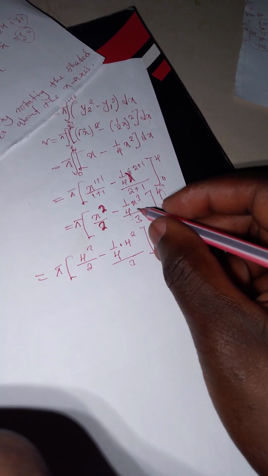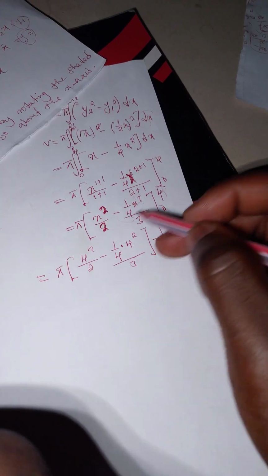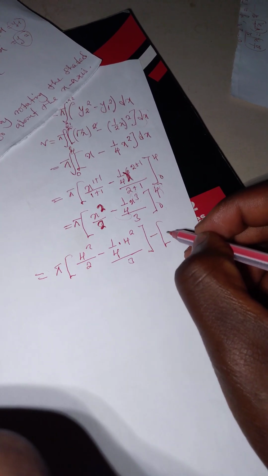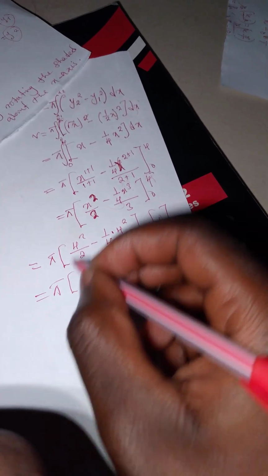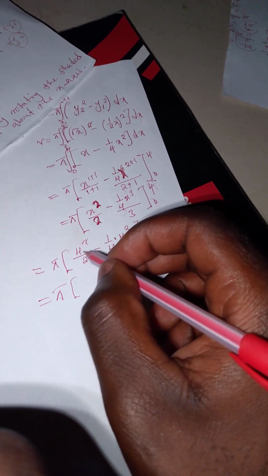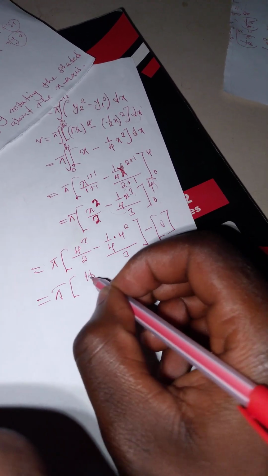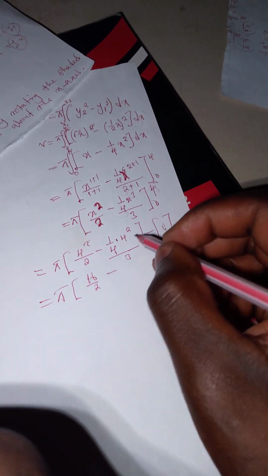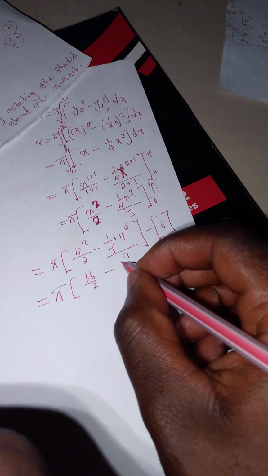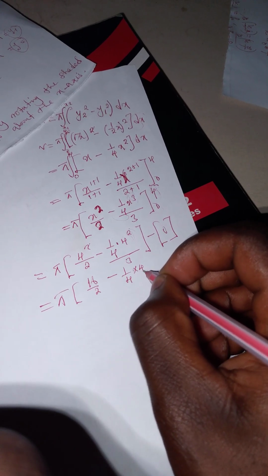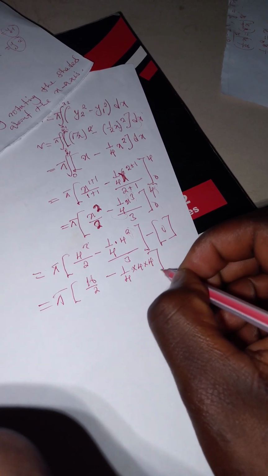When I put 0 everywhere here, the entire thing will be 0. So here I'll put 0. Then pi, this 4 squared is 16 over 2, minus 1 over 4 times 4 times 4 times 4, then everything divided by 3.